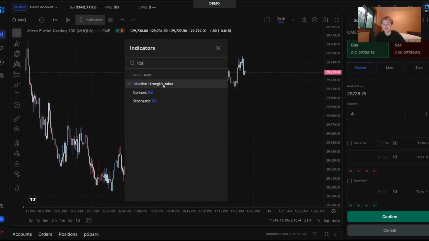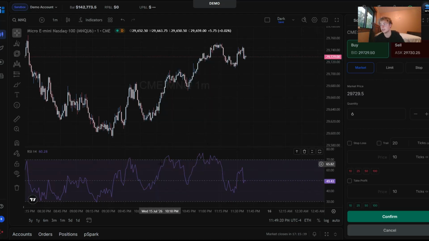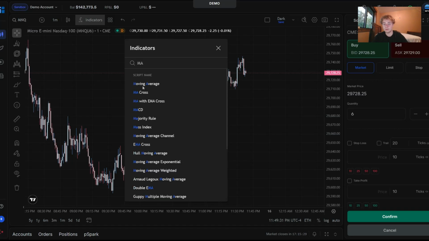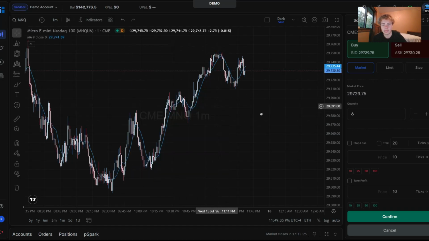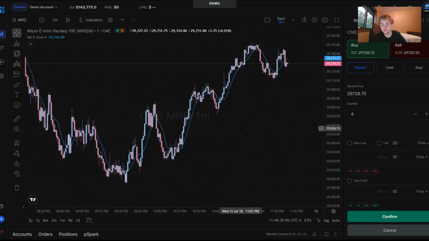Or like RSI, which is relative strength index, pops this up down here. Measures momentum, supposedly. Honestly, I never use that either. You do moving average. Another line here. Just see the moving average price, essentially, can help you see trends.